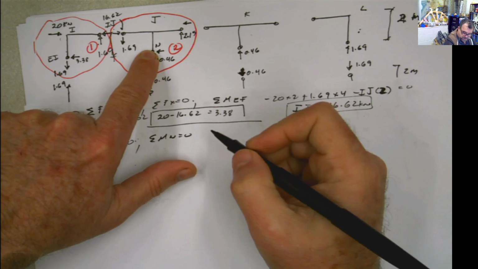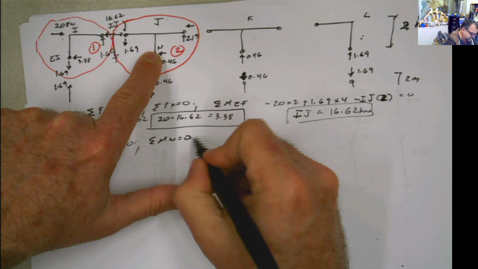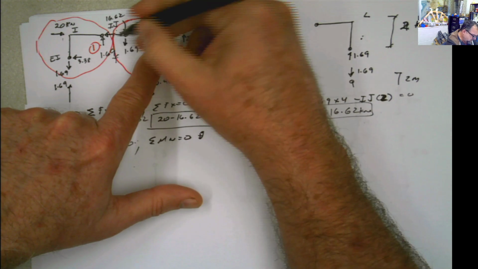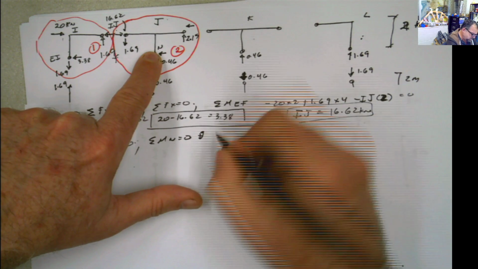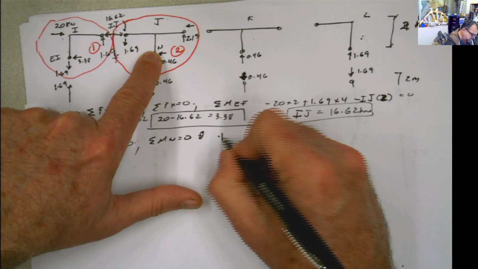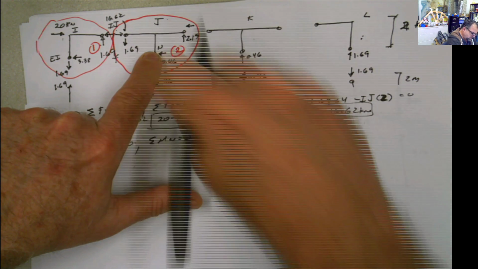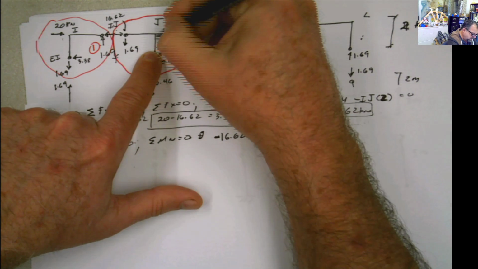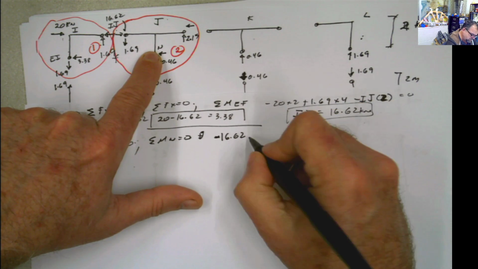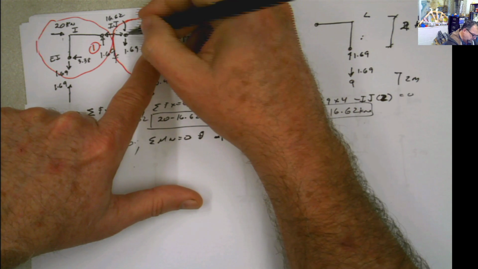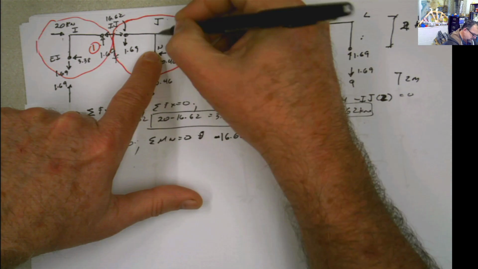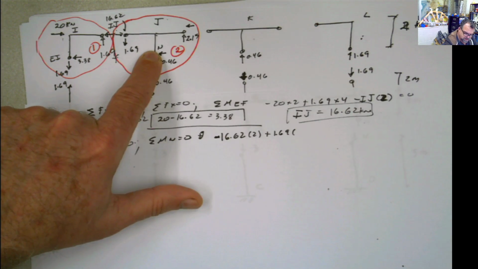So summation of moments at n equals 0. If you do moment here at n, then you have ij, but I know ij is 16.62 in this direction, negative, multiplied by this height, and that height is 2, plus 1.69 times this distance. How much is that distance?